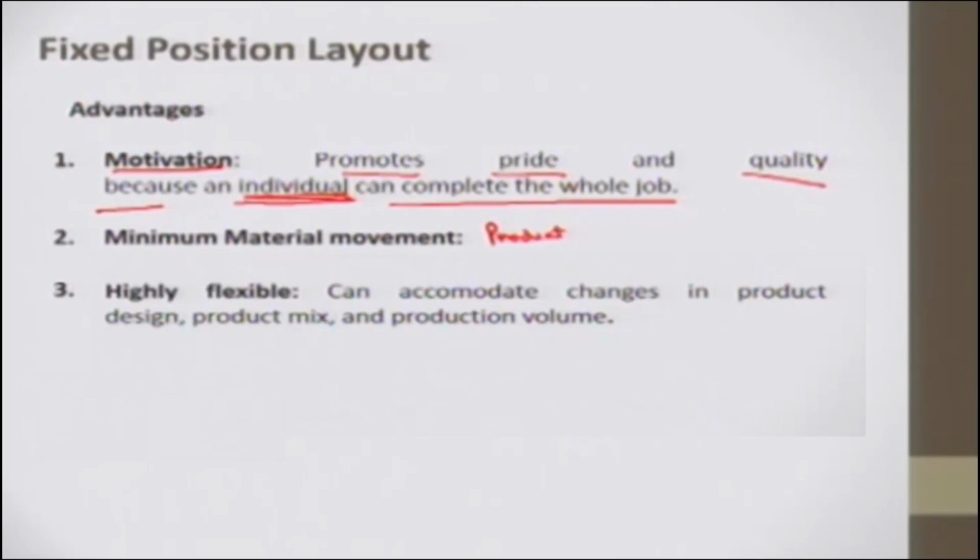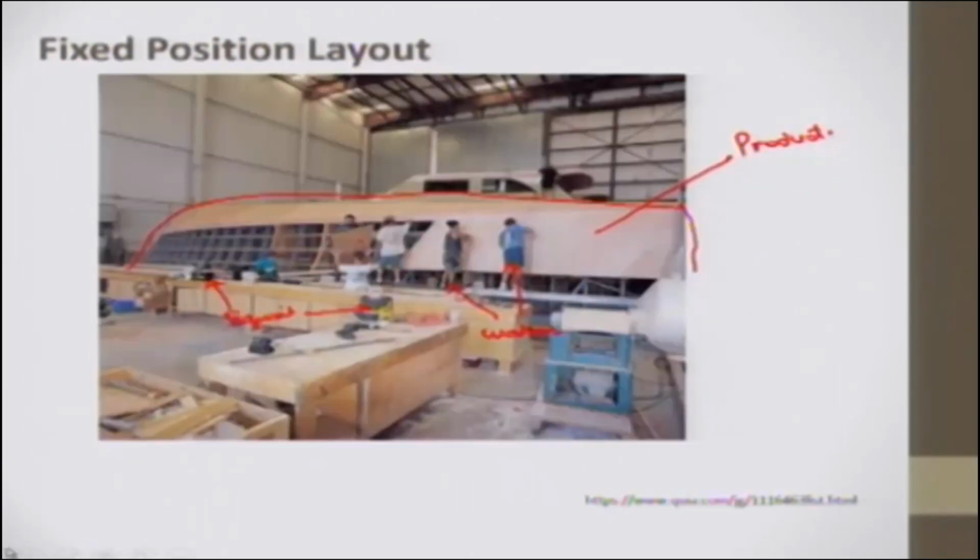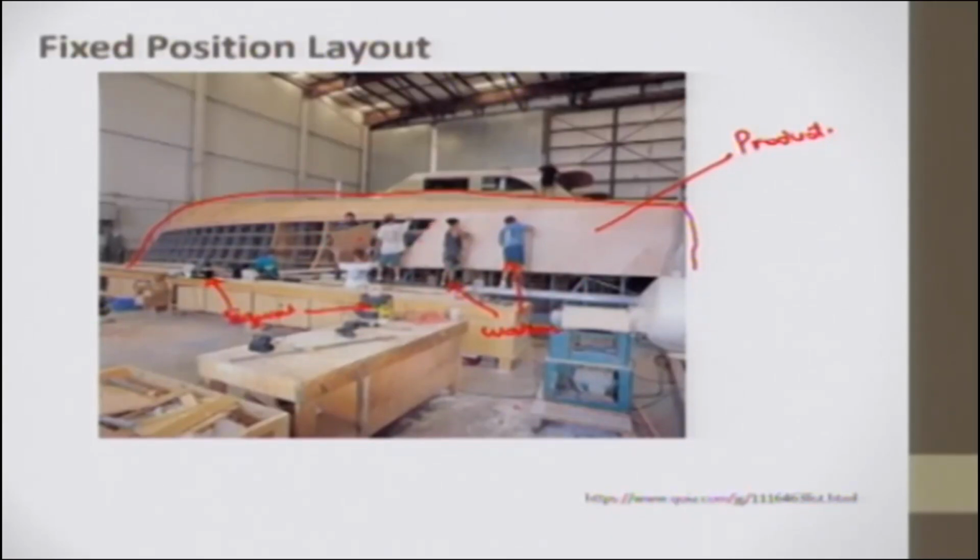However, sometimes heavy machines have to be brought, for example in this ship manufacturing, some heavy welding machine. This is actually wooden here. In case of aircraft, aircraft are made of either composites or duralumin is used to make the aircraft body or fuselage.